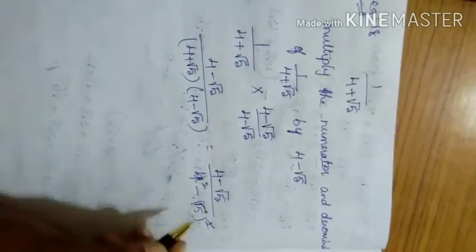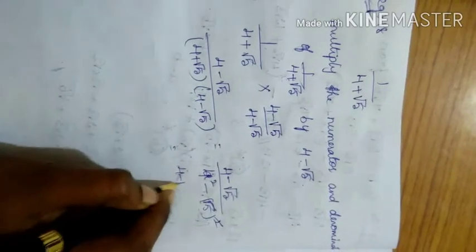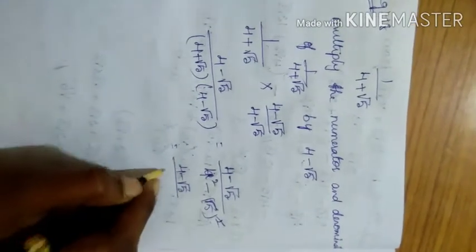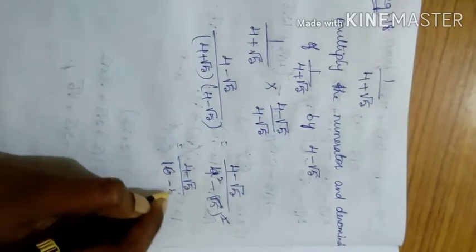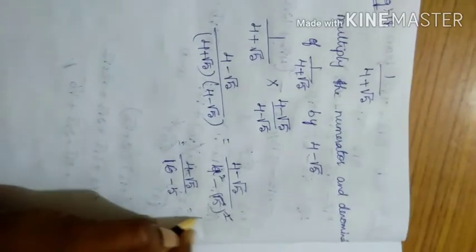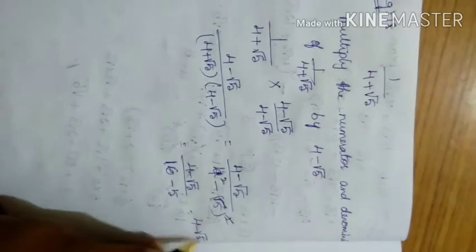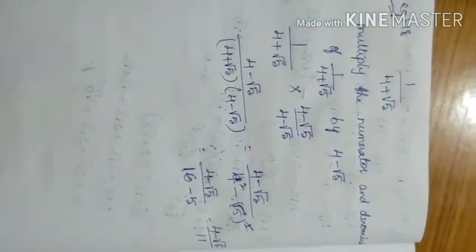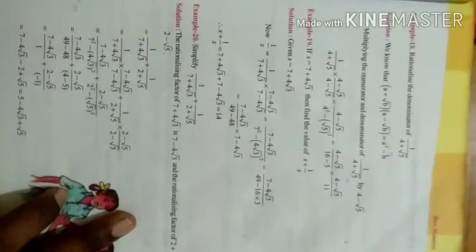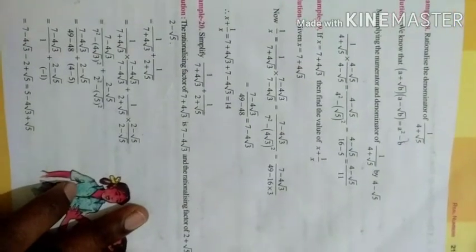The square root will be cancelled. 4 square is 16, minus 5. So 4 minus root 5 divided by 11 is your answer. This is how you have to rationalize. Clear?